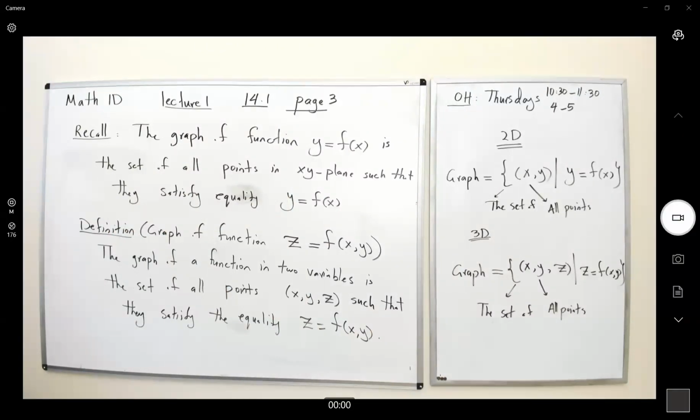Okay, that's how we officially define the graph of a function.